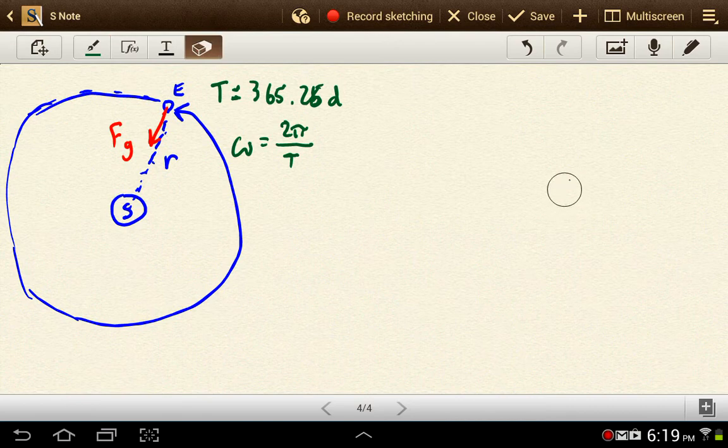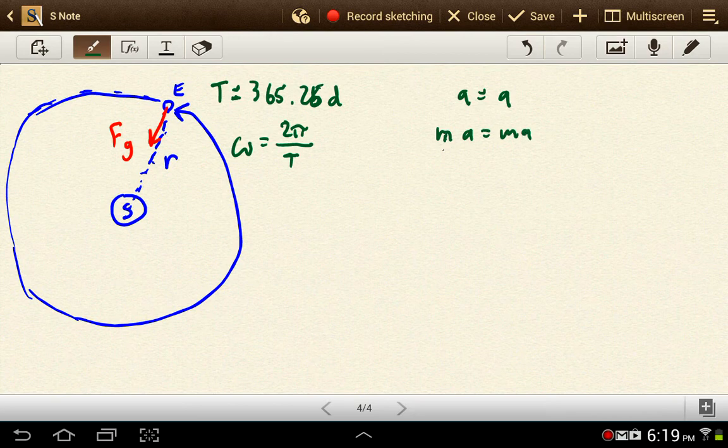And why does that little dot keep showing up? Okay, we can do our circular motion analysis and say A equals A, and I'm really going to say MA equals MA. The MA on one side is the net force on the object, which is just the gravitational force, so that's going to be Fg. On this side, the A is going to be omega squared r. I'm doing that instead of v because we have omega handy, much handier than v.